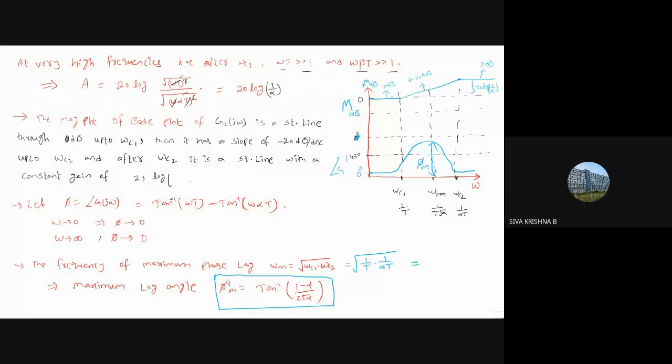Better remember the formulas, that's more than enough for you. Here it is plus 20 dB and 20 log 1 by alpha.